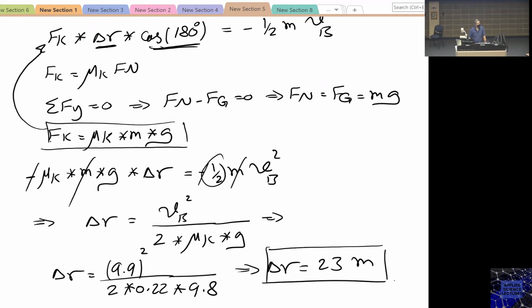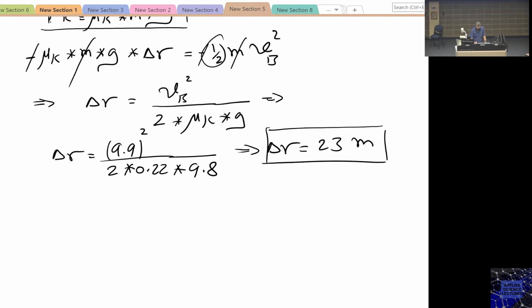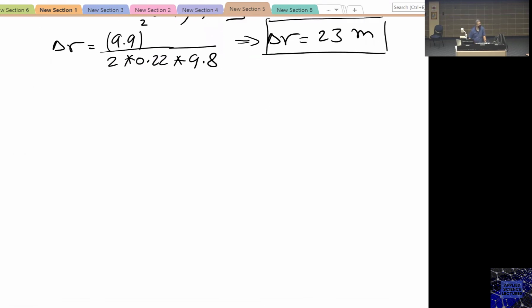So the displacement is 23 meters. We calculated the displacement from the work energy theorem. Any question about this problem before we move on to the next one?